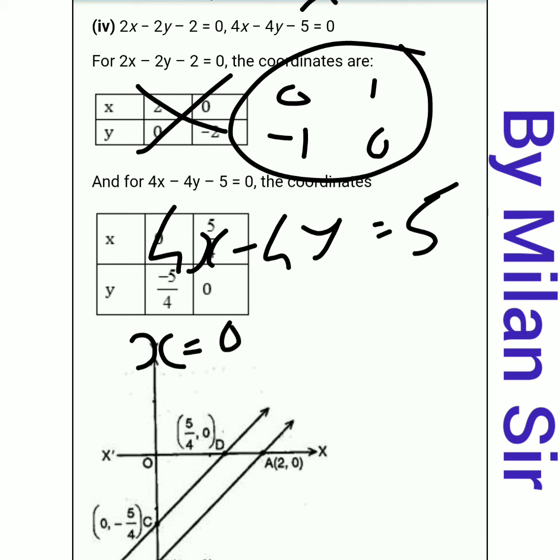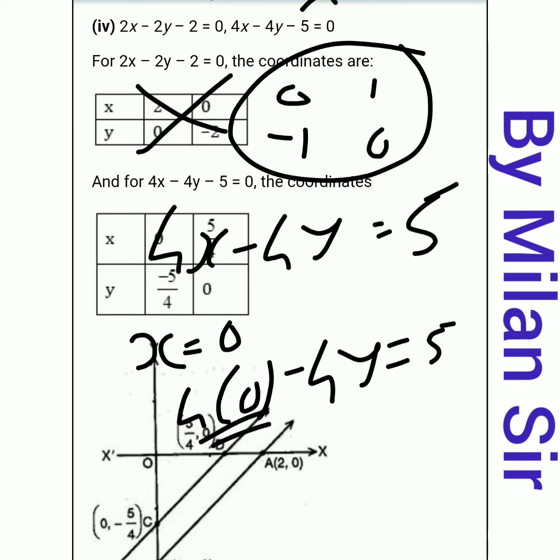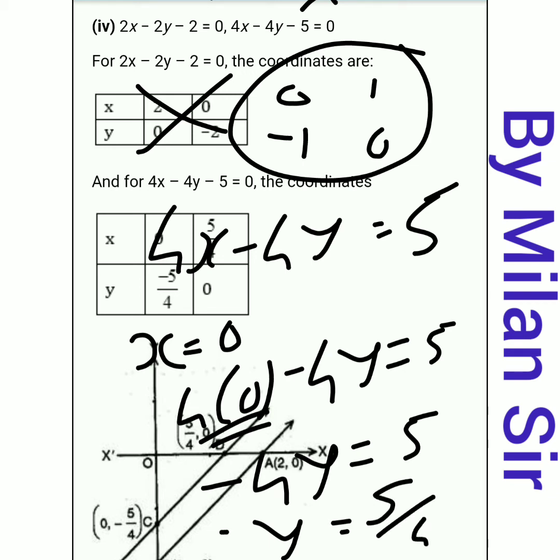Then put x is equal to 0. So here 4 into 0 minus 4y is equal to 5. Now 4 into 0 is 0, so minus 4y is equal to 5. Transfer this 4 to the right hand side, it goes to the denominator.